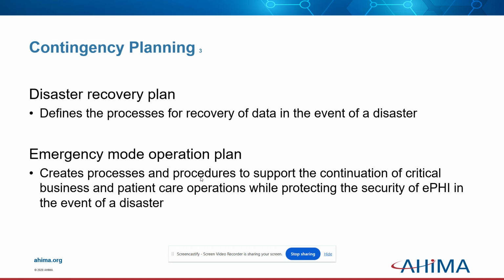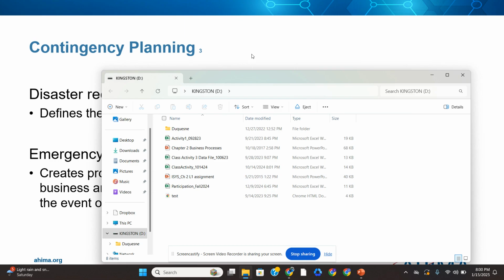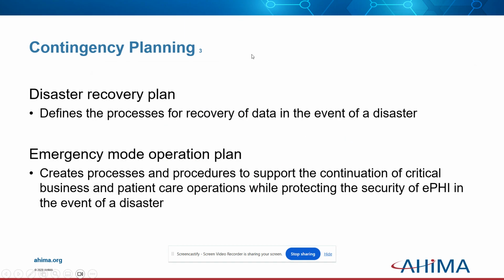We also have an emergency mode operation plan where we have process and procedures to support the continuation of critical business and patient care operations while protecting the security of EPHI, again, in the event of a disaster.